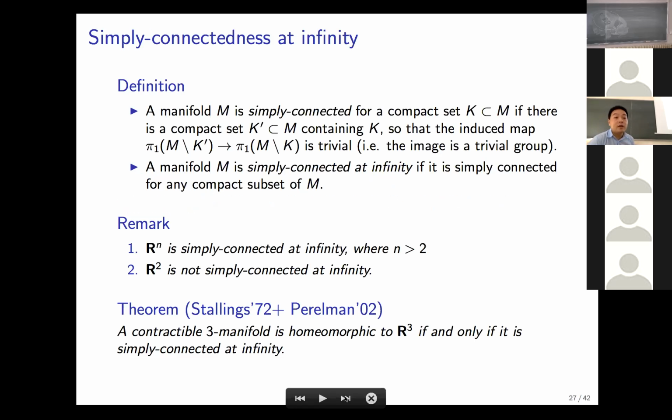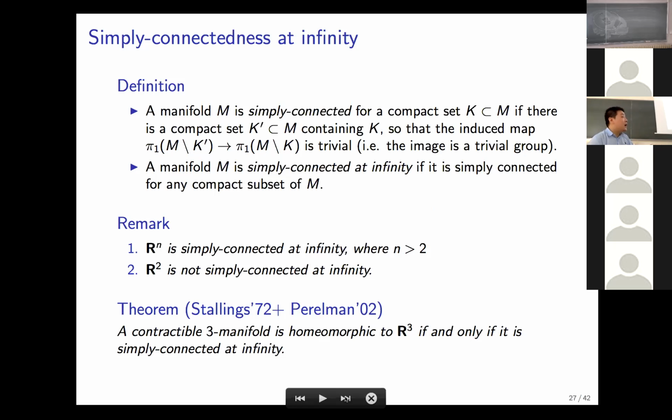The topological structure at infinity of contractible 3-manifolds is characterized by simple connectedness at infinity. A manifold is simply connected at infinity for a compact set K if there is a compact set K' in M containing K, such that the induced map from the fundamental group of M minus K' to the fundamental group of M minus K is trivial.